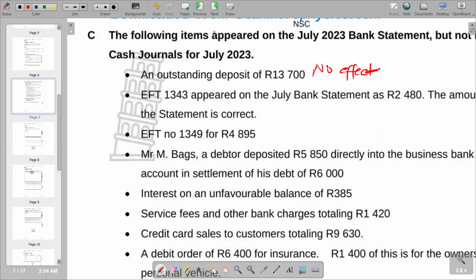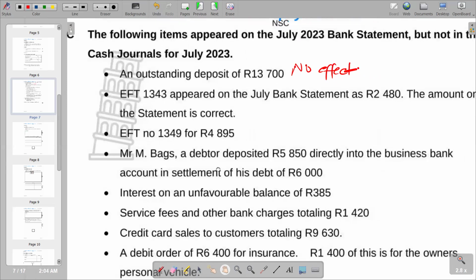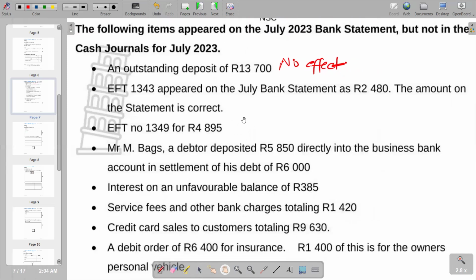Then we go to the next one. EFT 343 appeared on the July bank statement as 2,480, and the amount on the statement is correct. So the amount that we have here, 2,480, is the one which is correct.